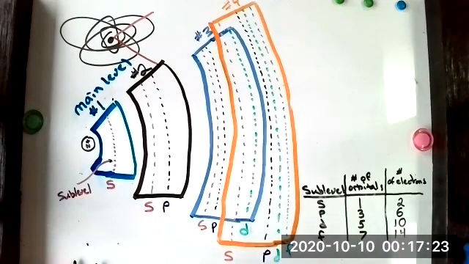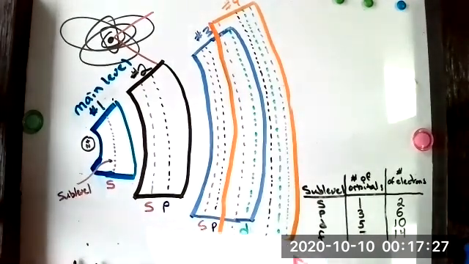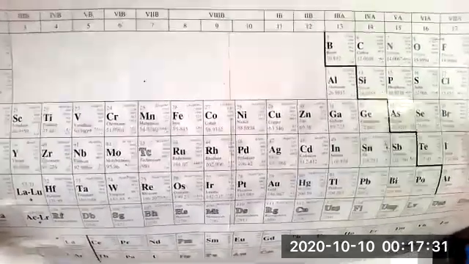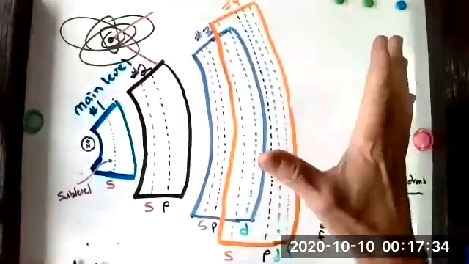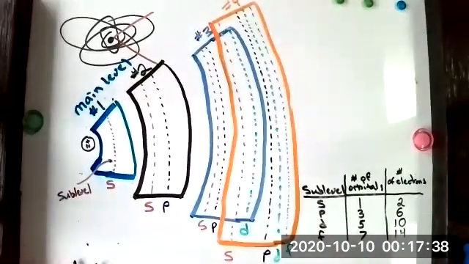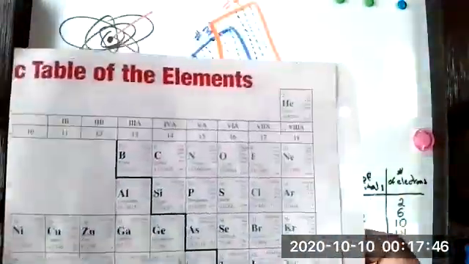Our job now is to take any atom, find its number of electrons, and simply organize those electrons in their proper positions. That's it. So let's start off small. Let's start off really small so you get the idea behind this.